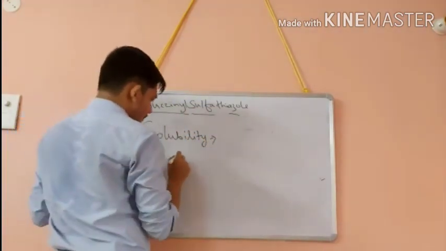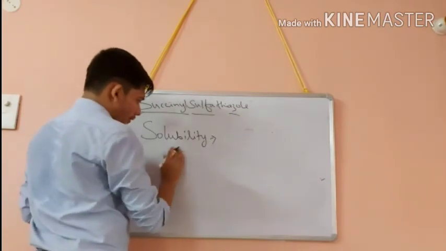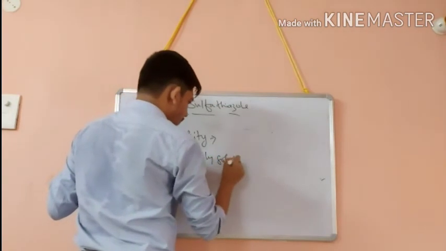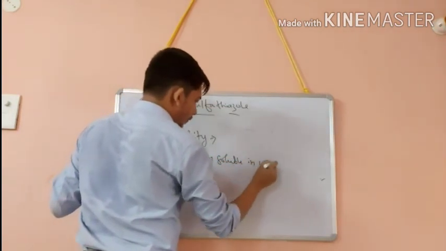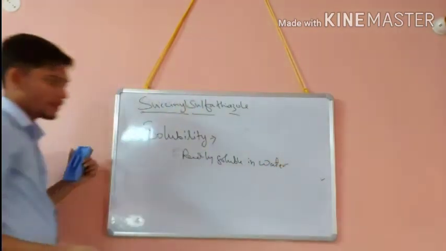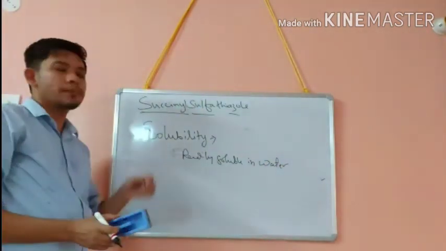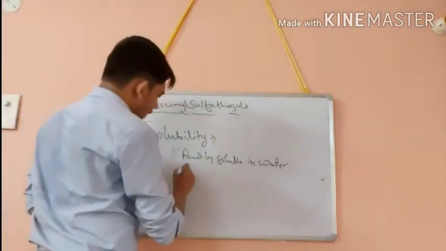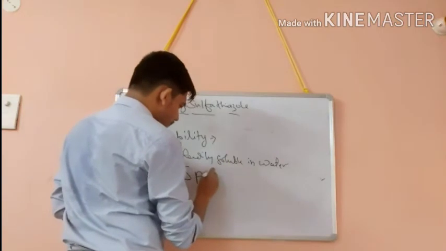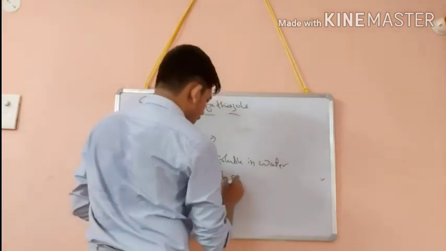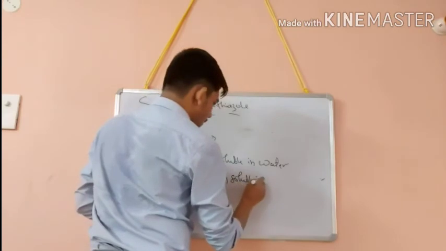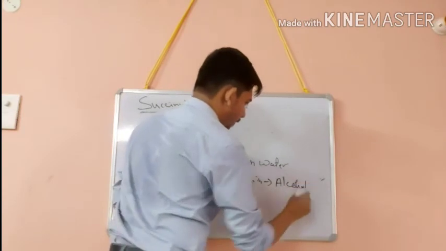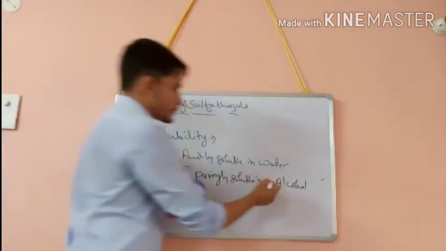So first, it is readily soluble in water. Okay. So the earlier one is insoluble in water, but this is readily soluble in water, sparingly soluble in alcohol, then acetone.